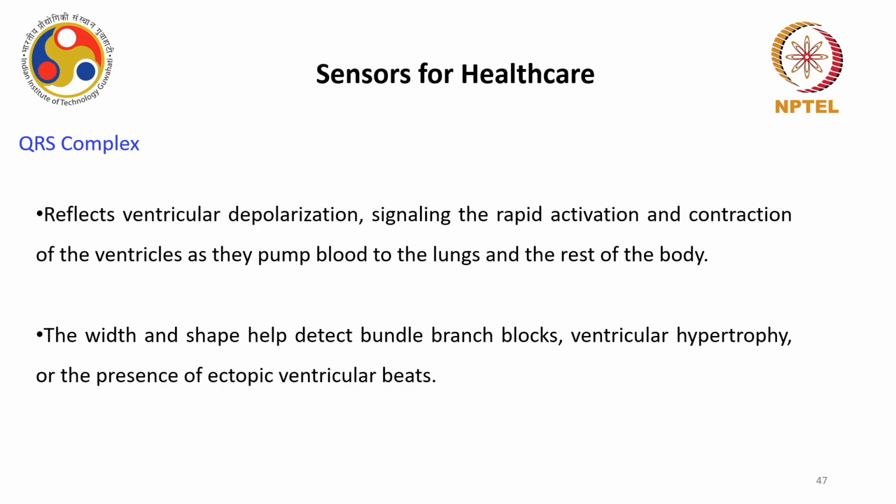Then the QRS complex wave, we have seen that it reflects the ventricular depolarization, signaling the rapid activation and contraction of the ventricles as they pump blood to the lungs and the rest of the body. Okay. And the width and shape of this QRS complex signal helps in detecting bundle branch blocks, ventricular hypertrophy or the presence of ectopic ventricular beats.